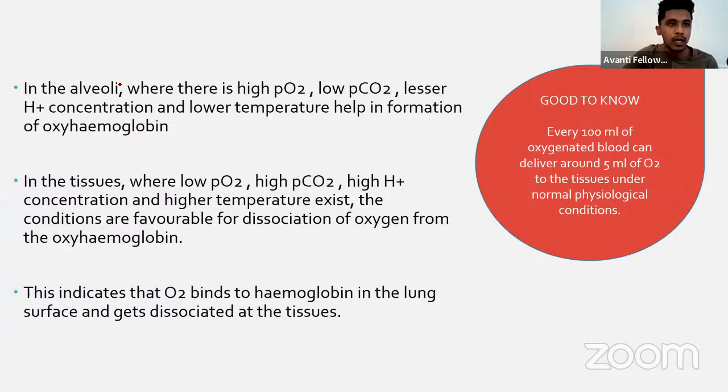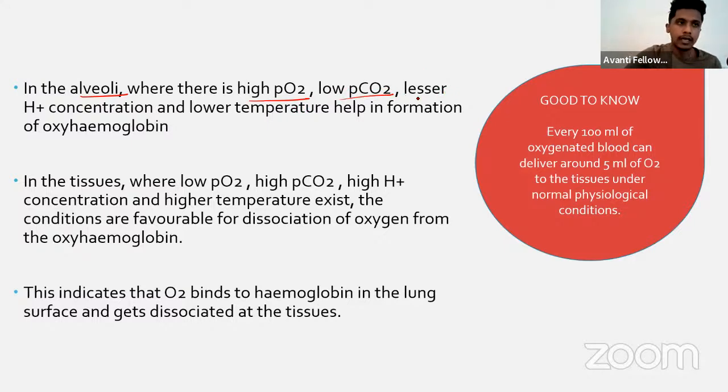As I said, when it comes to the alveoli, when we breathe in fresh air, the atmospheric air is very rich in oxygen. So the air that is inhaled by us will be rich in oxygen. That leads to a high partial pressure of oxygen. Since there is less carbon dioxide in the atmosphere, that will lead to a low partial pressure of carbon dioxide.